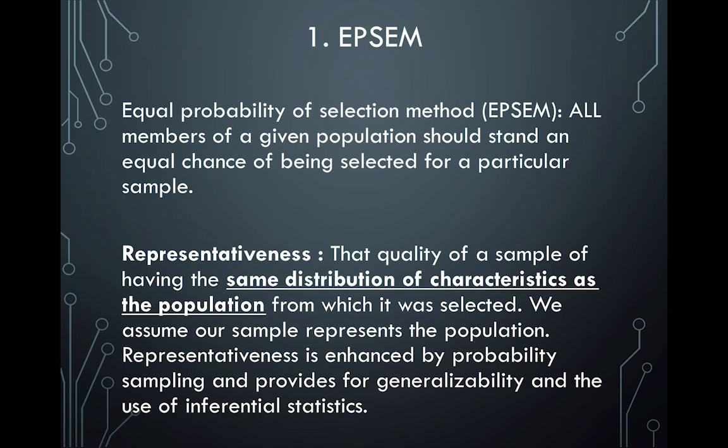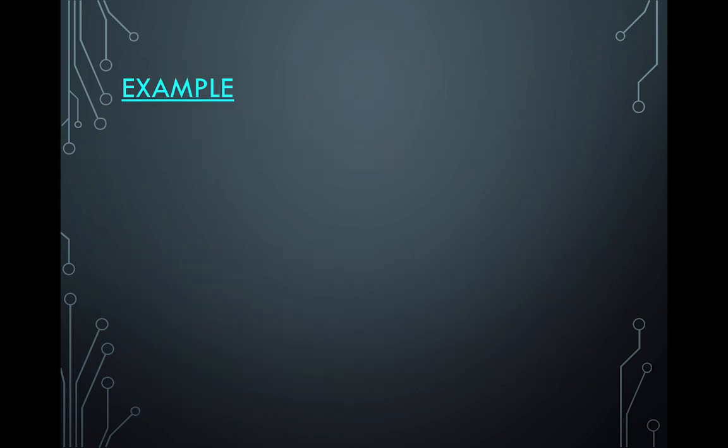And it all gets back to that same basic idea, the point I'm making over and over again: if we want representativeness, we need to really think about using probability sampling so that we can generalize our results. If you want to use inferential statistics and things like that, basically make predictions about populations and their characteristics, then you need to really think about representativeness in that sense.